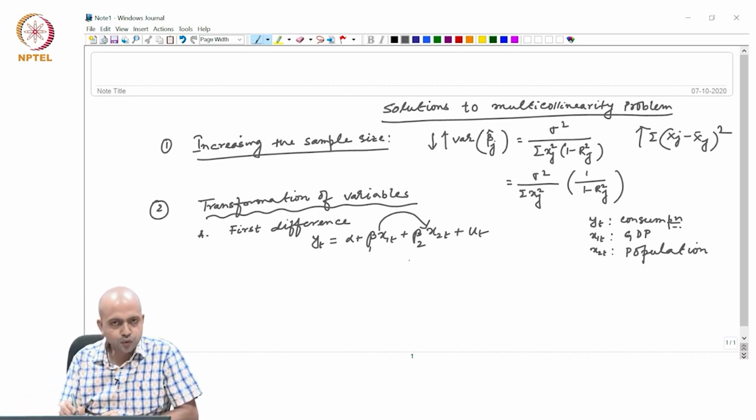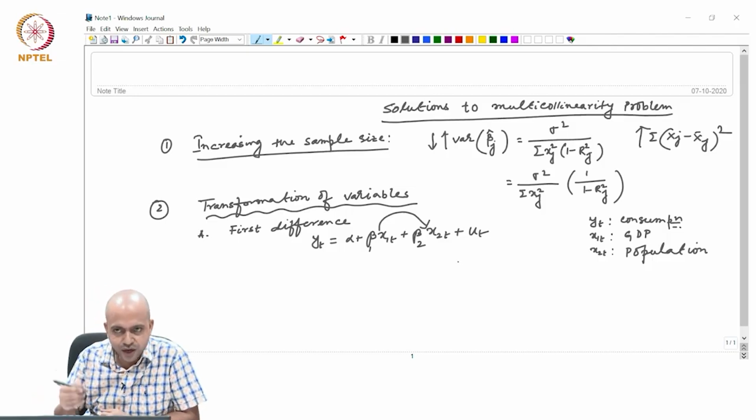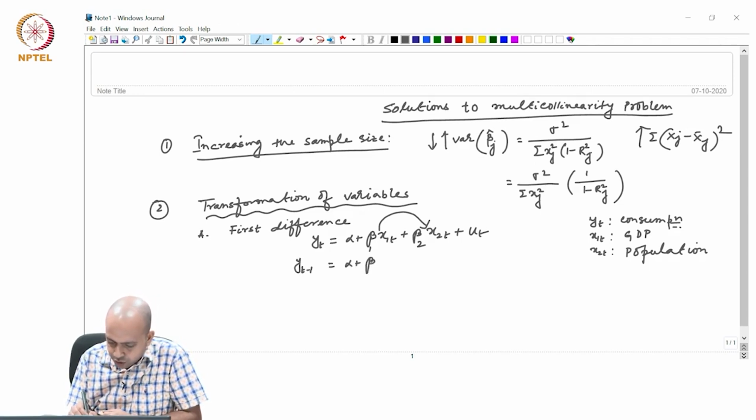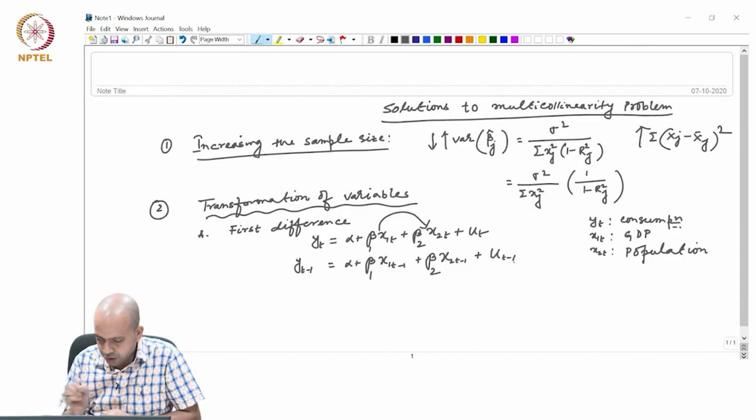If the relationship holds true for the tth period, obviously the relationship holds true for the t minus 1th period. That means the same equation we can write for the t minus 1th period. So, what will happen if I take the equation like this? This would become y t minus 1 equals alpha plus beta 1 x 1 t minus 1 plus beta 2 x 2 t minus 1 plus u t minus 1.